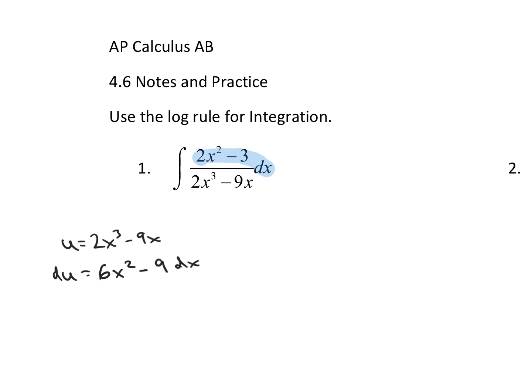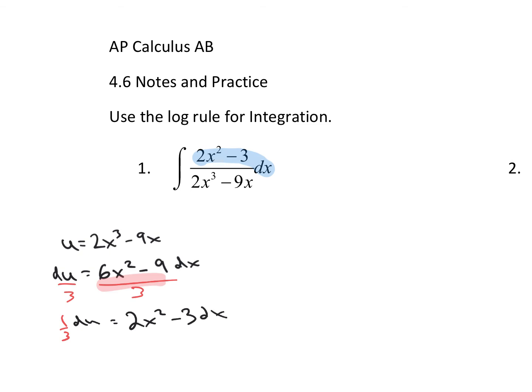And that's pretty close to this, but I just have to factor out a 3, or divide by 3. So if I divide this by 3 and this by 3, I'd have 1/3 du equals 2x squared minus 3 dx, and that's what's on the top there.